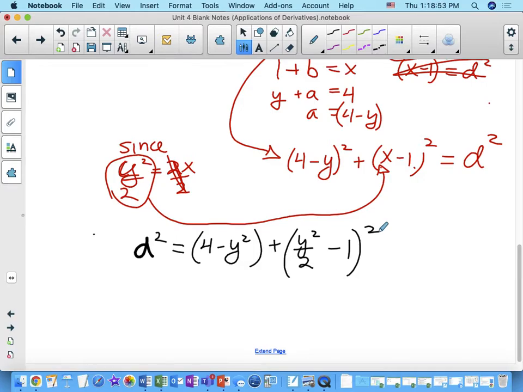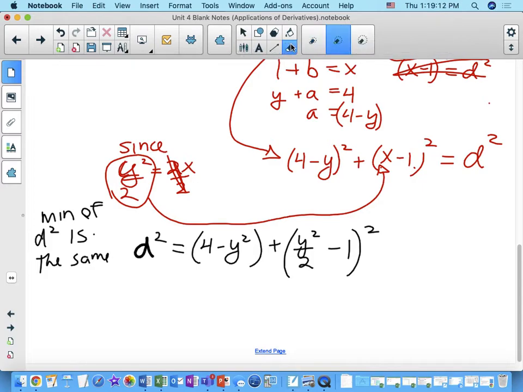So the minimum of d squared has the same y value as the minimum of d. It's not the same value, but it has the same y.